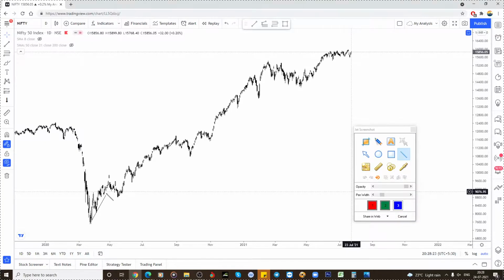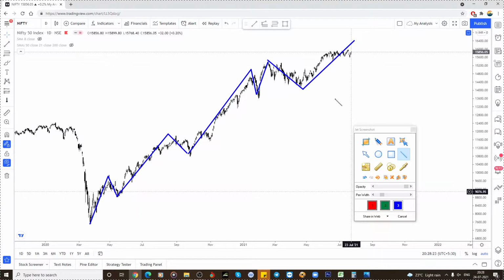What I did is, this is a wave 1, this is a wave 2, and this is 1, 2, 3, 4 and 5 completed. So this is wave 1, wave 2, wave 3, wave 4, and wave 5, and still one more wave is ahead.